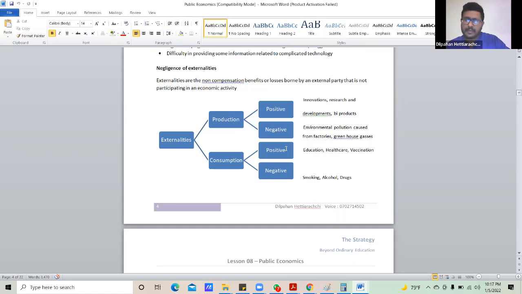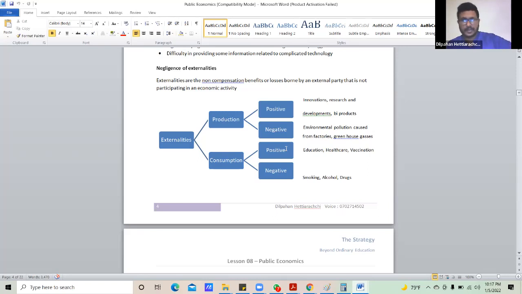You might have a problem. So why do we consider good things? Why do we consider these good benefits also as a failure? The problem is the market economy doesn't consider both the cost and the benefit that come to the external parties, and that is a failure, right?